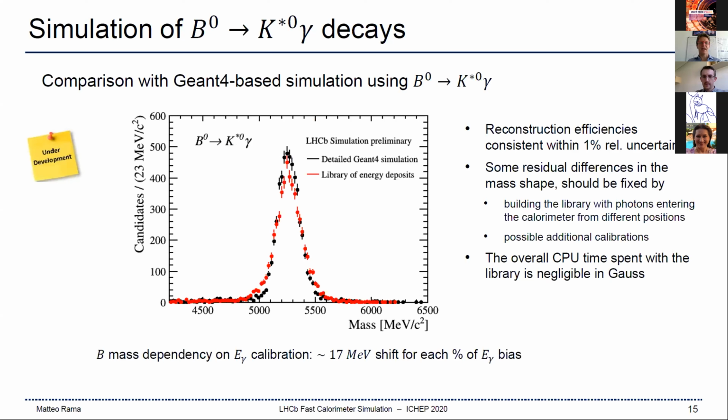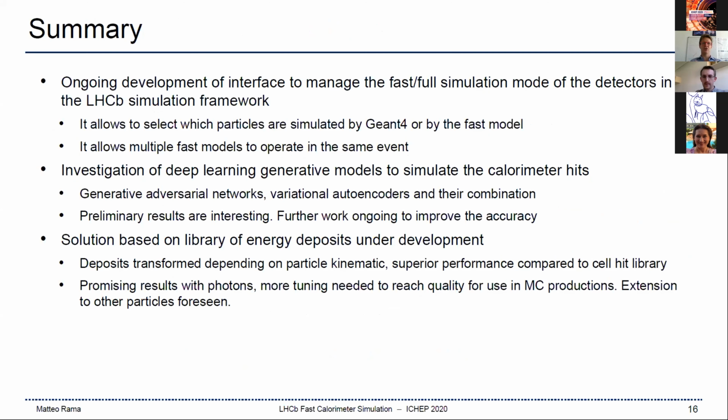Okay, and that's it. To summarize, there is an ongoing development of the interface that will manage the fast and full simulation of the detector, of the calorimeter in particular, at the hit level in the LHCb simulation framework. This will allow switching the fast simulation off or on as a function of the particle properties.